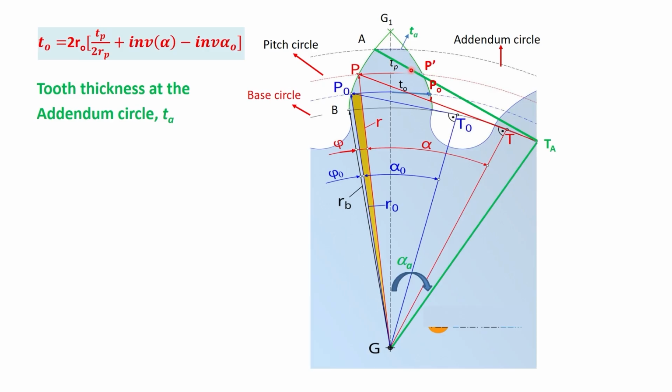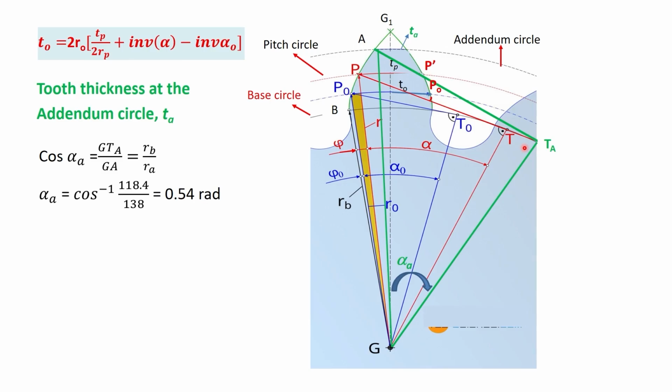So, from A a tangent is drawn on the base circle, touching the base circle at TA, and TA is joined to G. And this angle TA G A is alpha A. So, cos of alpha A is G TA divided by G A. This is 90 degree, this is 90 degree.